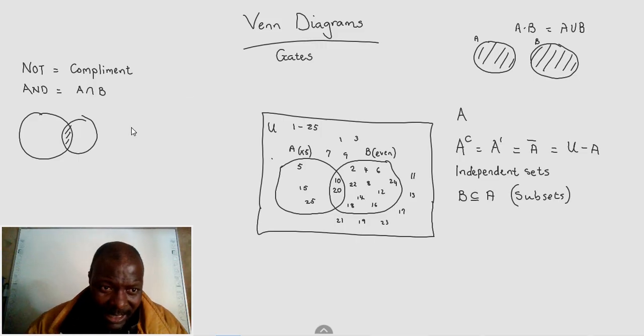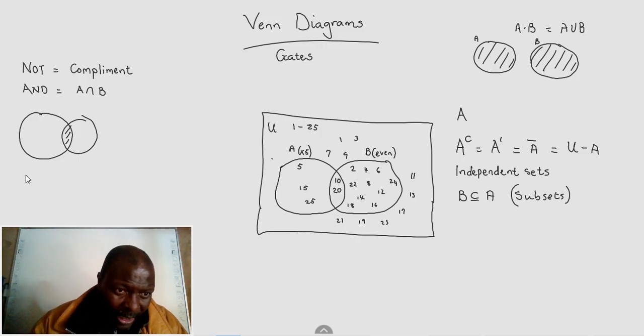Now in this case, our A union B. The union symbol is a U without a tail. That is going to be equal to, if I draw it, if we have an intersection.